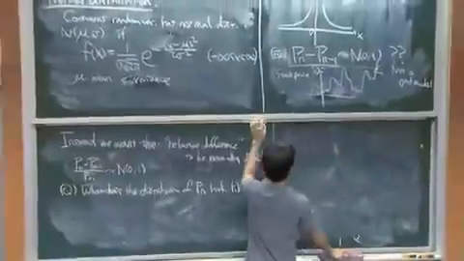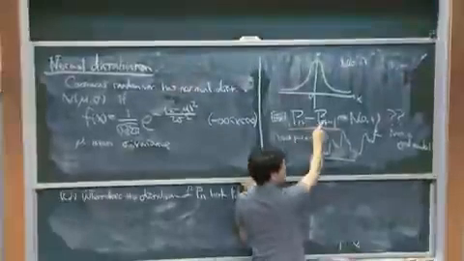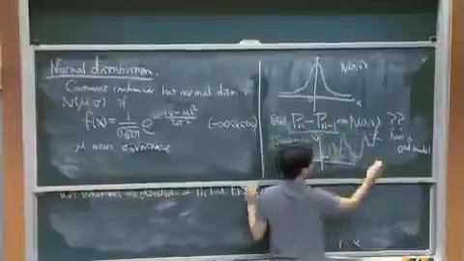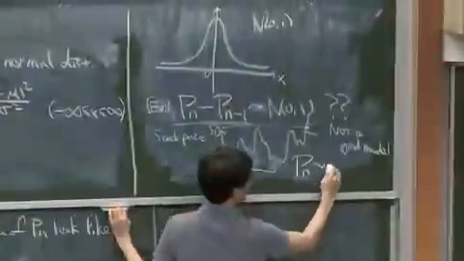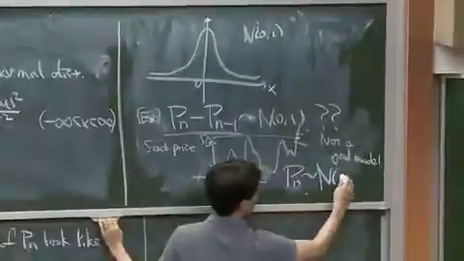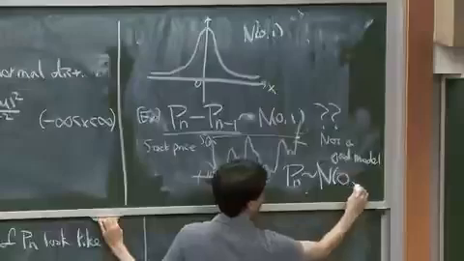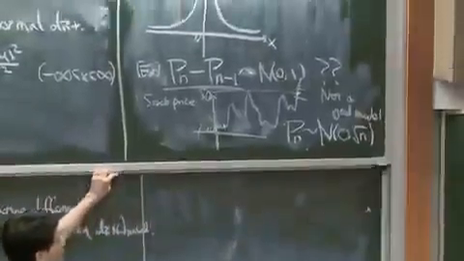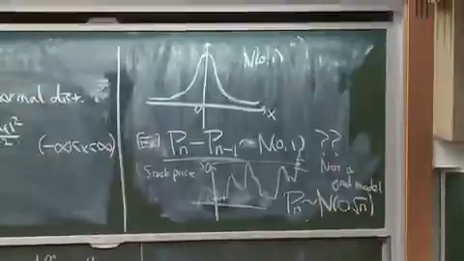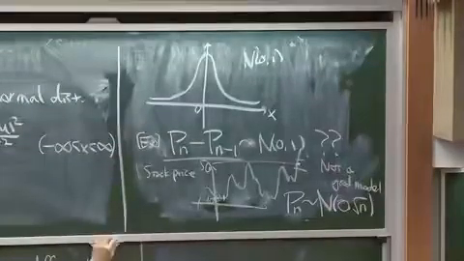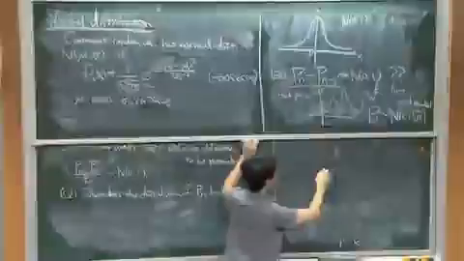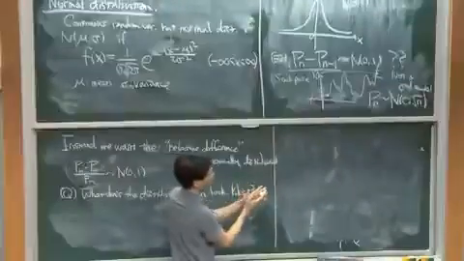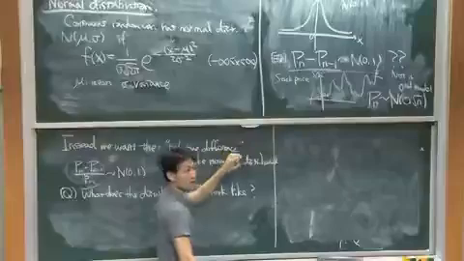One thing I should mention is, in this case, if each increment is normally distributed, then the price at day n will still be a normal random variable. So if there's no tendency, if the average daily increment is 0, then no matter how far you go, your random variable will be normally distributed.